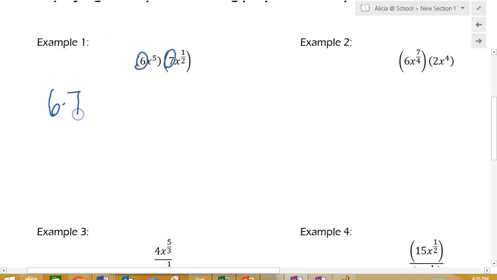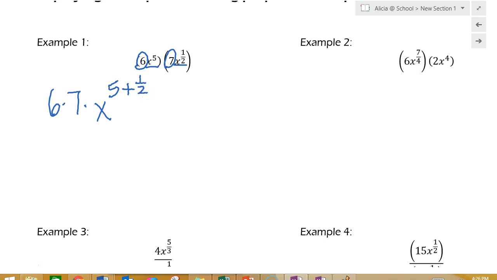And then I'm going to also multiply my x's. When I have x to the fifth, and I'm multiplying that by x to the 1/2, since you are multiplying like bases, we are going to add those exponents.